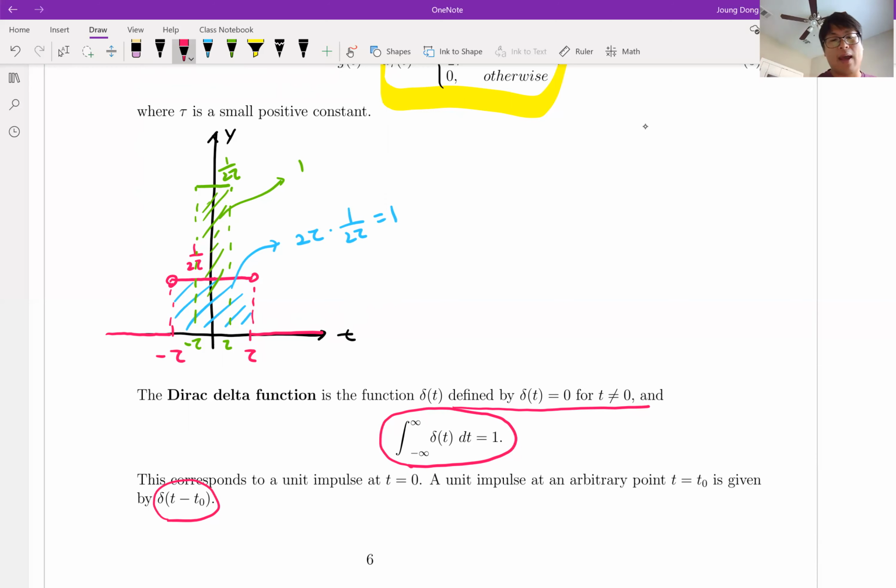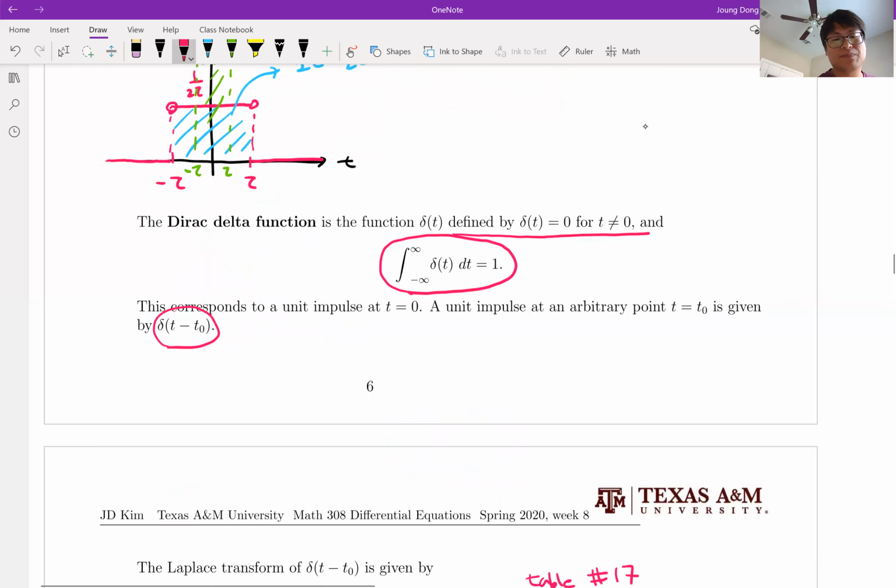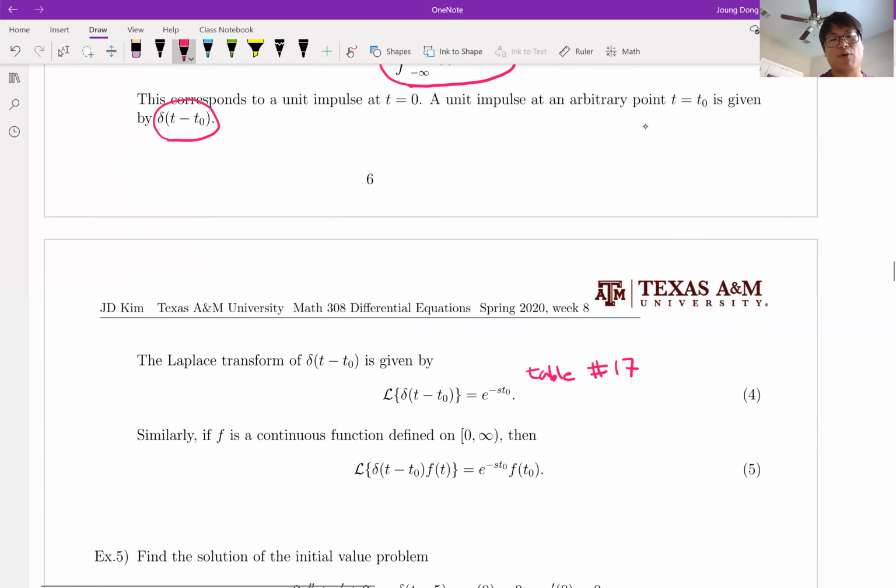After this, we're going to talk about the Laplace transform of the Dirac delta function. It is given here, and you can find it in table number 17. It's combined with number 13 and 17. We're going to use this to solve the problem. But to derive this, we have to use some properties and mathematical techniques with the definition of the Laplace transform.